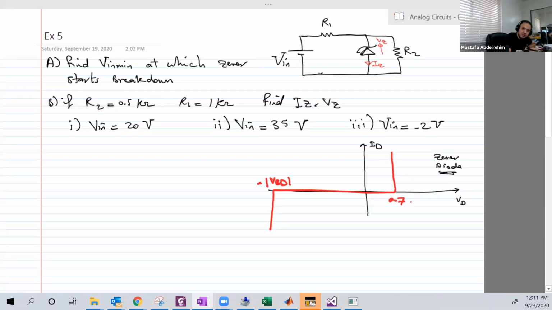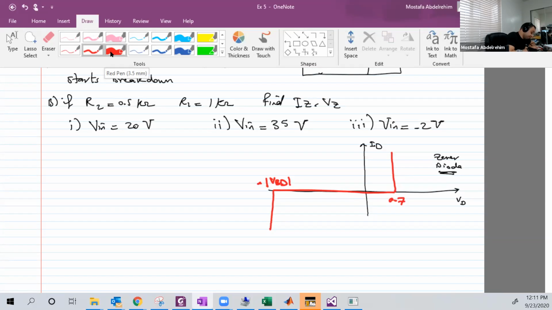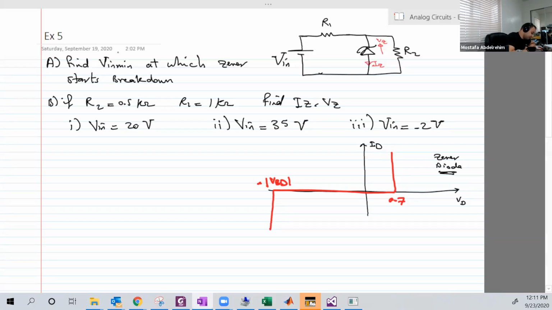And this is 0.7. Good. So when I draw a Zener diode in that way, it's reverse. If the input is of course positive, it can conduct. It's not off all the time. No, it can conduct at that point.